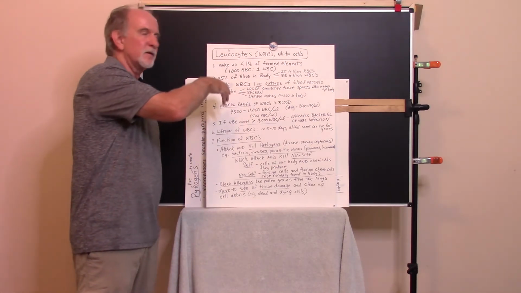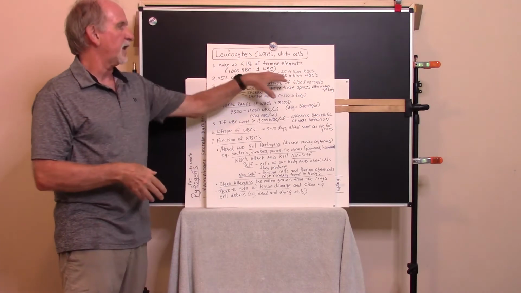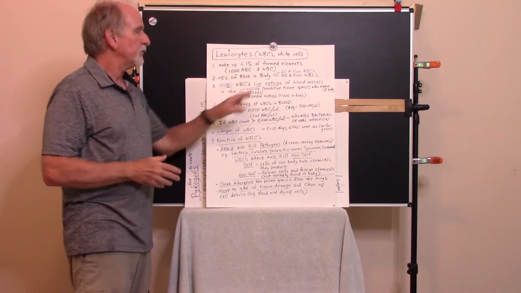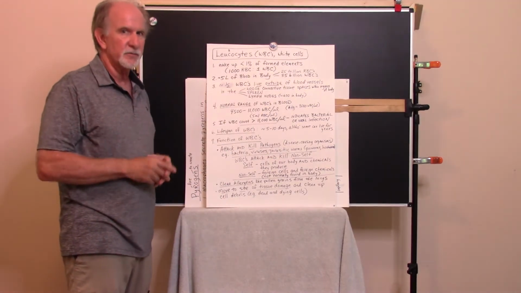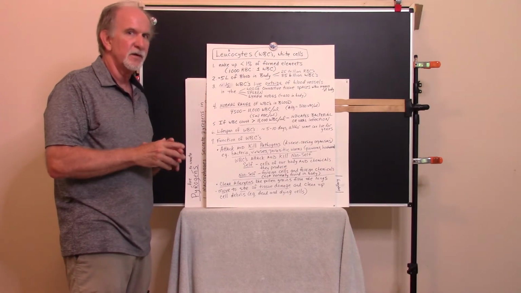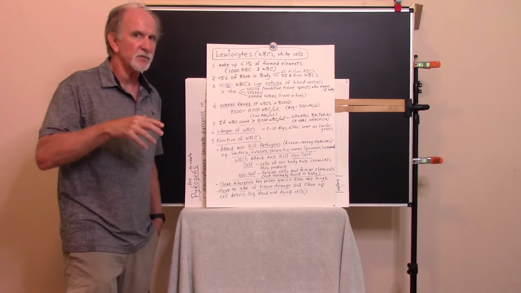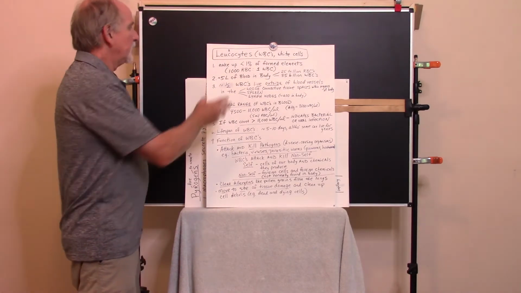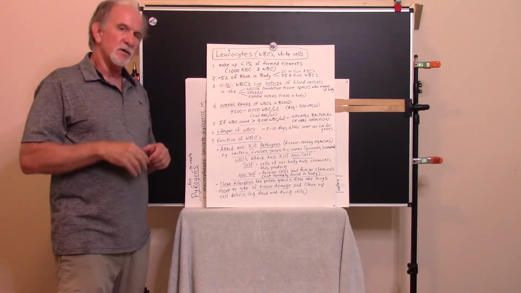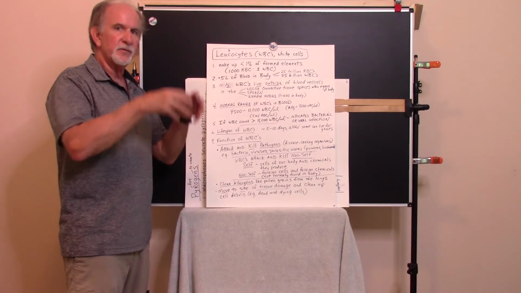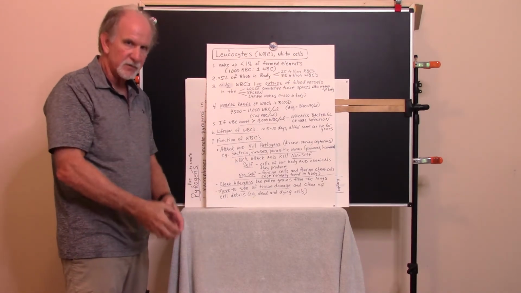If you look at the white blood cells present in 5 liters of blood, there would be tens of billions of them. Not trillions like red cells, but billions of white blood cells in your body. So there's still quite a few. About half of the white blood cells, curiously enough, don't live in the blood vessels.